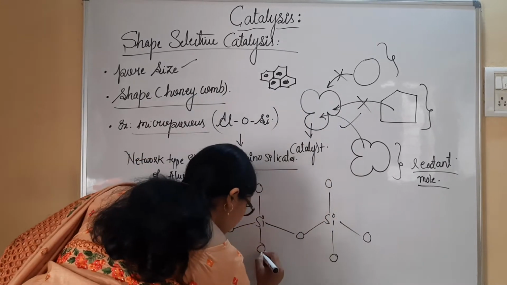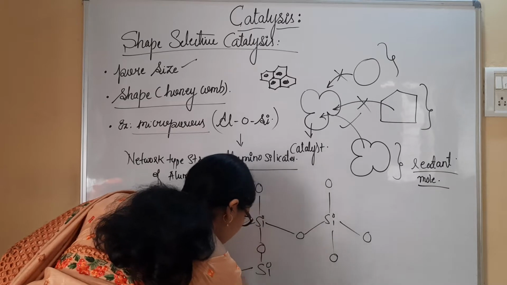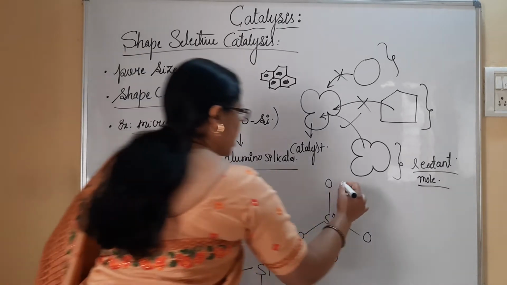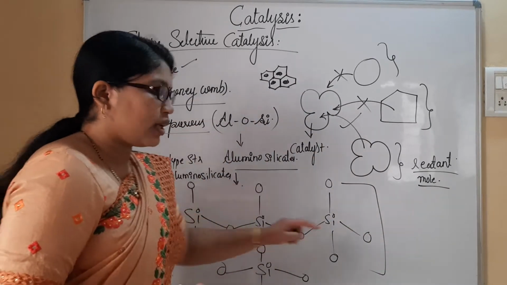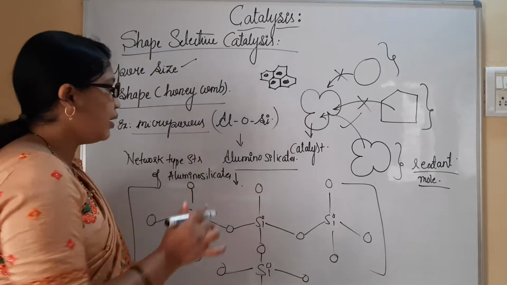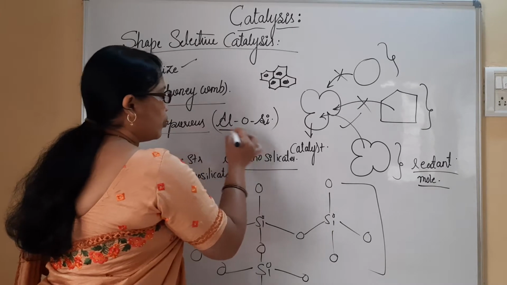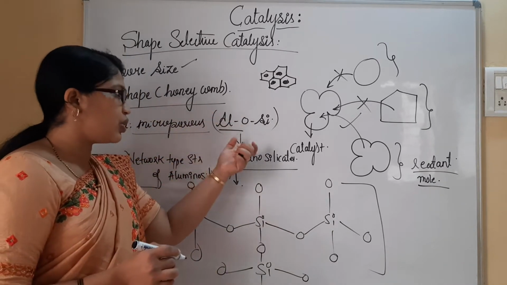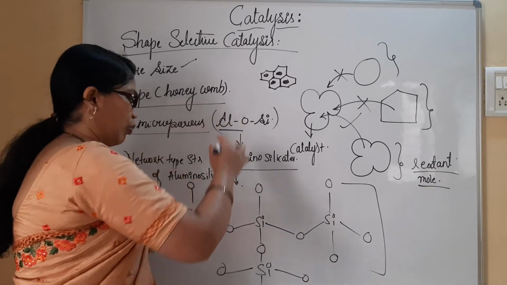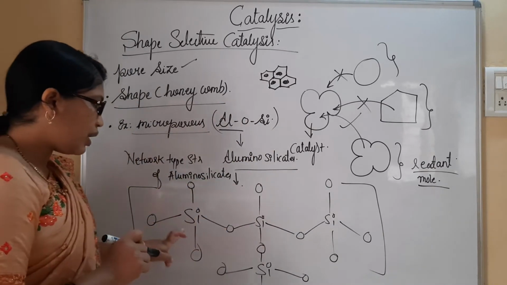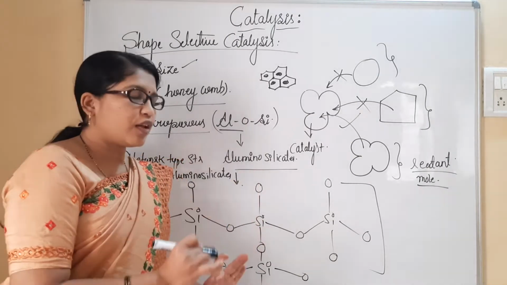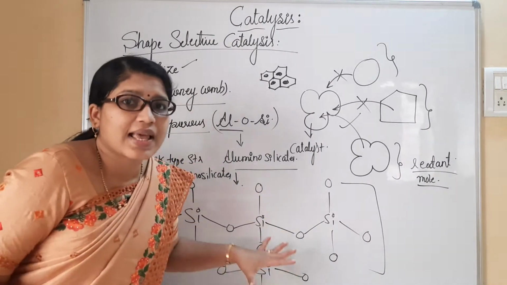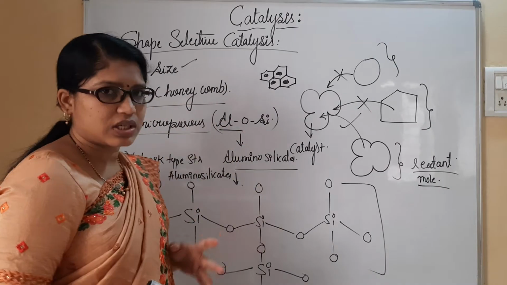Now you can see one more silicon here, and this network of oxygen and silicon continues, and from this you are going to remove aluminium. From the aluminium silicate structure, if you go on removing the aluminium and combining 2 such units, it will form a network of aluminosilicates which exactly resembles a honeycomb structure.